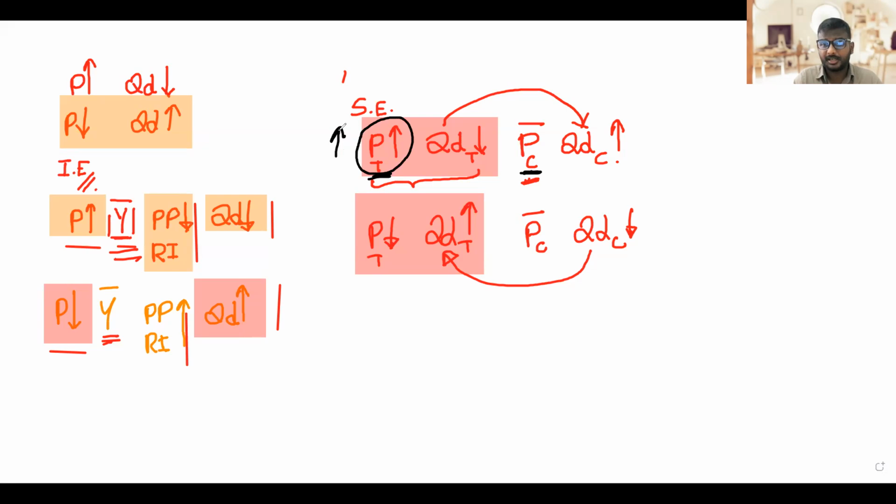As a result, people will buy less of this particular good and more of the substitute good.